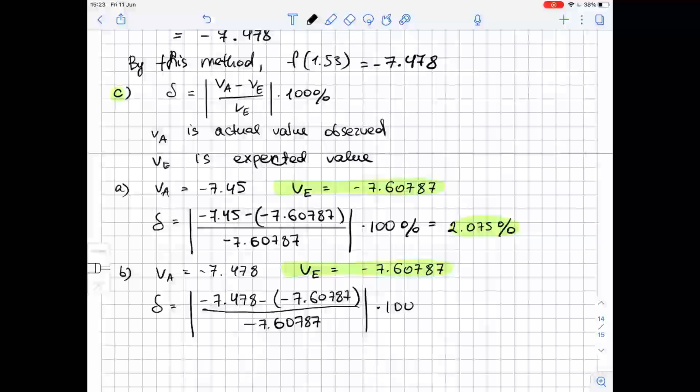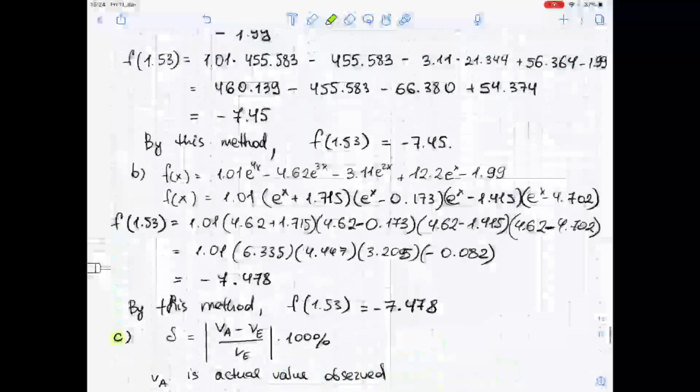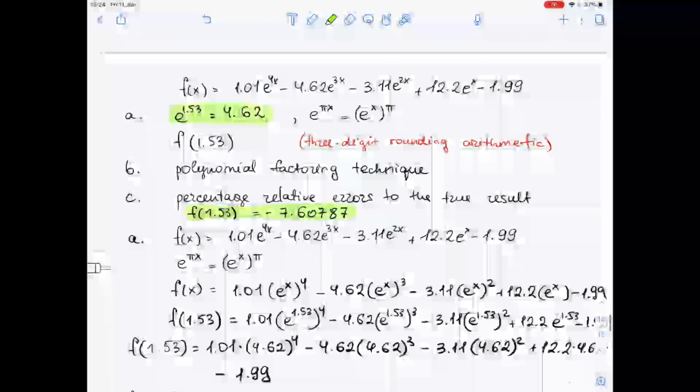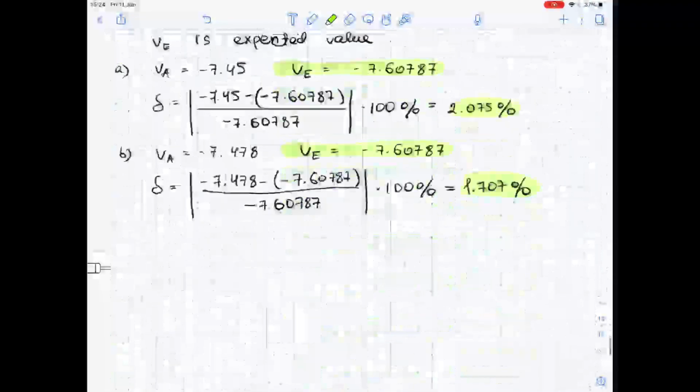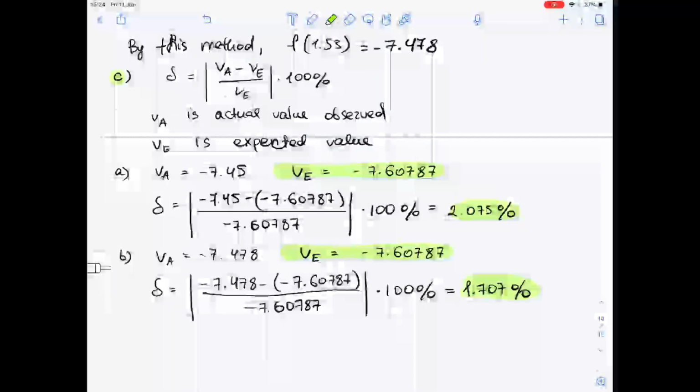The whole thing is multiplied by 100%, and this is equal to 1.707%. So actually the error in part B, by the polynomial factoring technique, is smaller in this case.